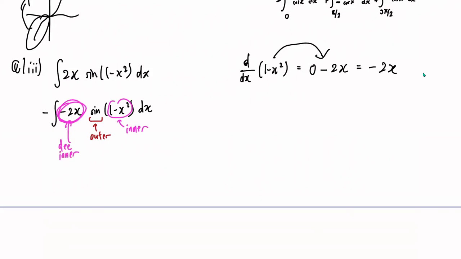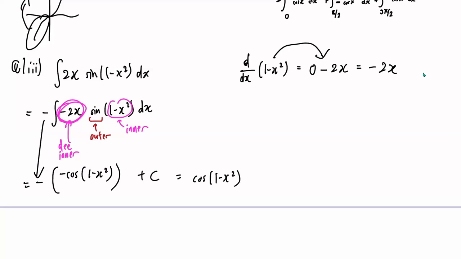Once you have this form, all you need to do is copy down everything else that tags along. Integrate the outer function, sine, so you end up with a negative cosine. Then you just copy down the 1 minus x squared, and that is your answer. The d inner, minus 2x, just disappears.